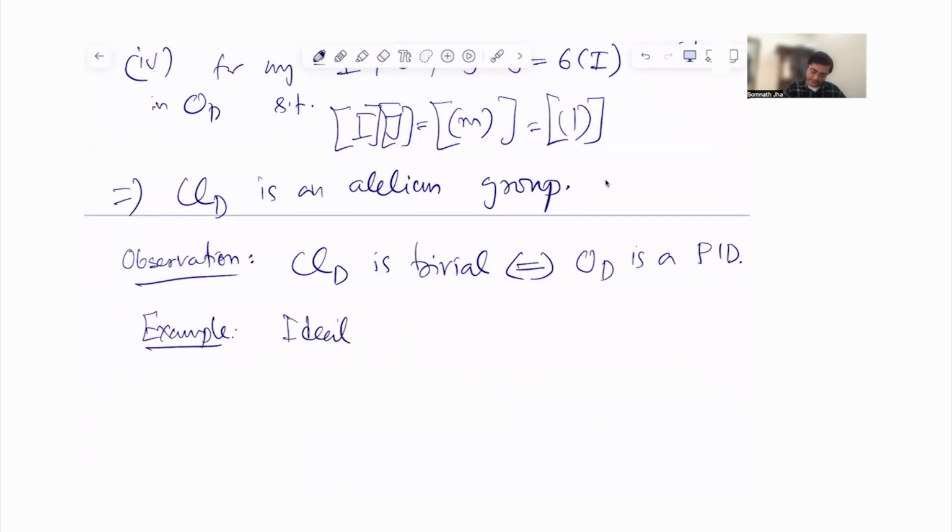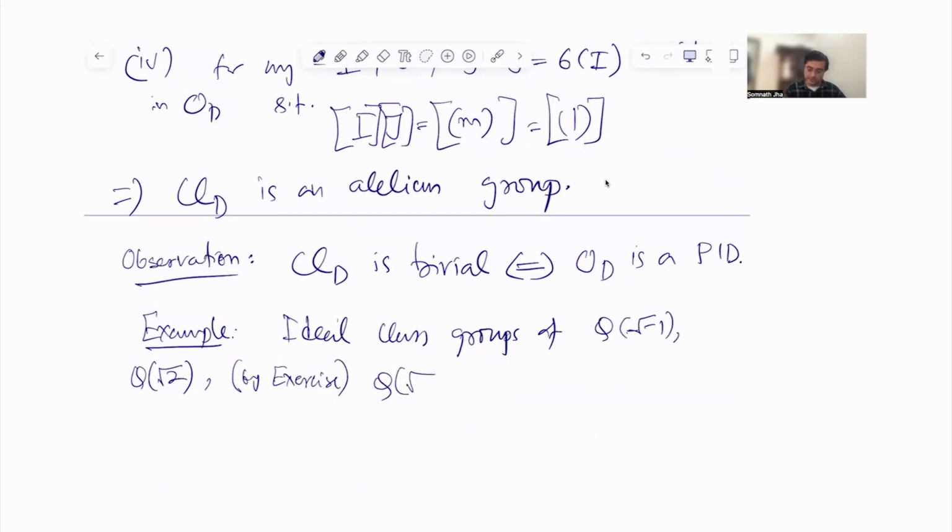So the ideal class groups of Q root minus 1, Q root 2, and by exercise Q root minus 3, also, I'm calling the same thing O_minus1, O_minus2, and O of (1 plus root minus 3)/2, or root minus 3, sorry, using this notation, are trivial.